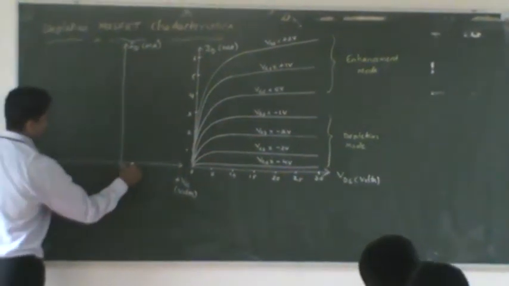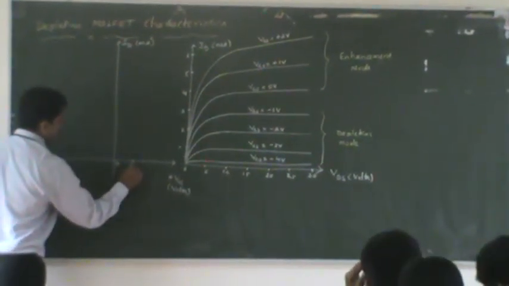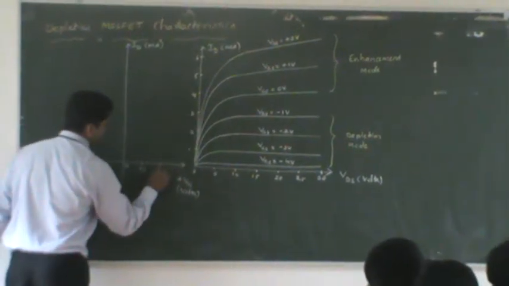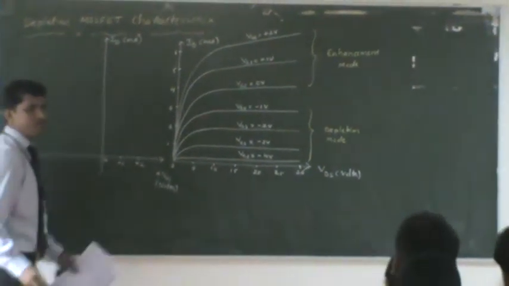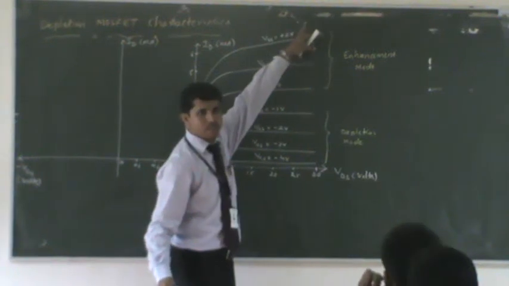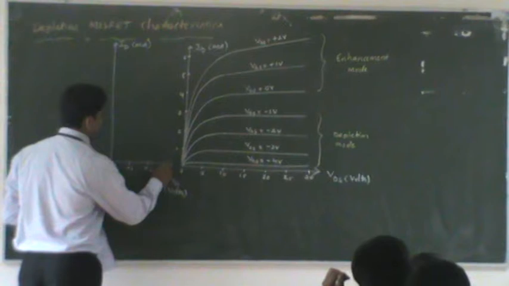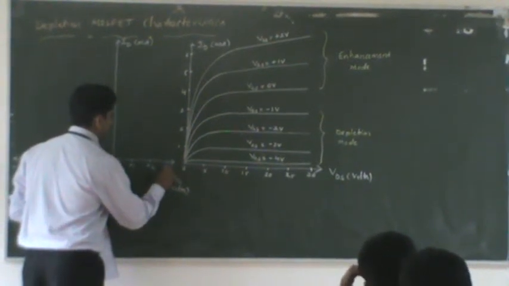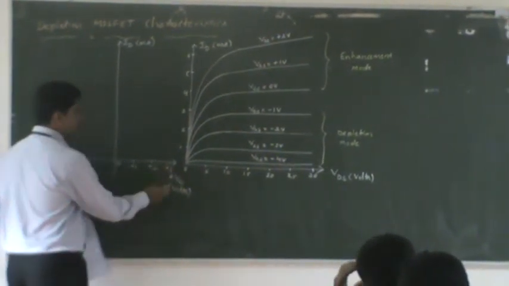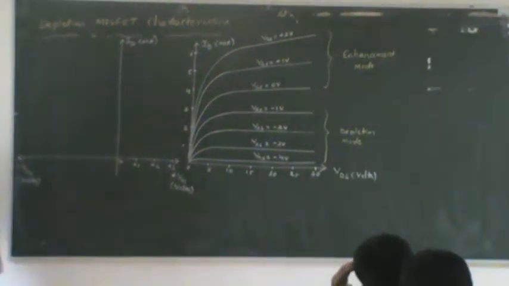You can go in terms of 1 volt, which is plus 1, plus 2. We don't have more than plus 2 here, so I can stop at plus 2. Say for example, this is VGS equal to plus 3, VGS equal to plus 2, plus 1, and 0.